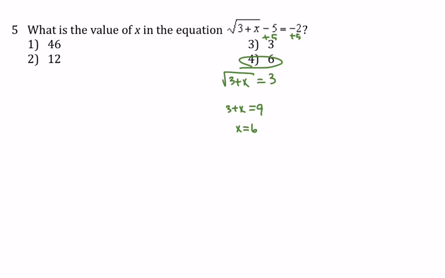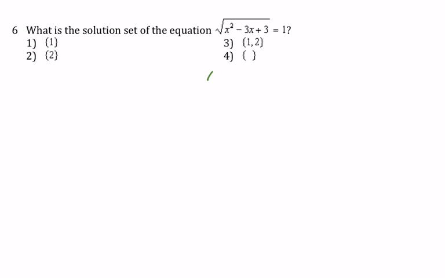Alright, let's move on to the next question. Number 6. Notice that the radical is already isolated by itself. So all we have to do is square both sides. Then we'll end up getting this equation. And by subtracting 1 from both sides, we'll be able to get this equation as well. Now, how do you find the value of x?